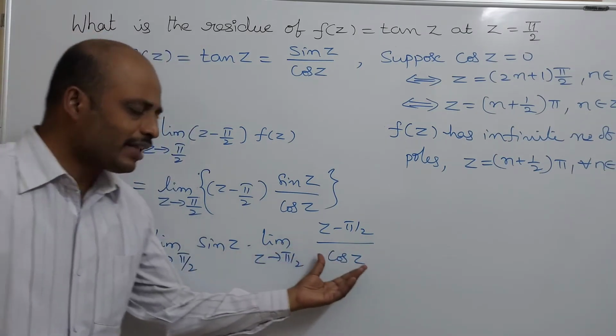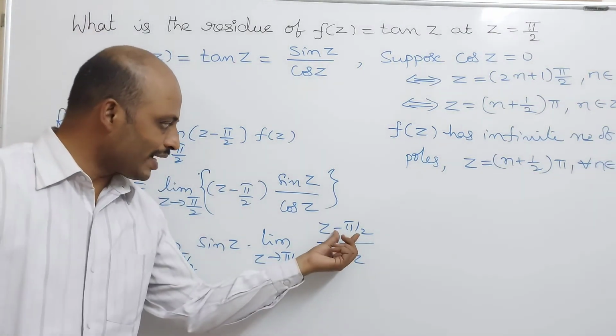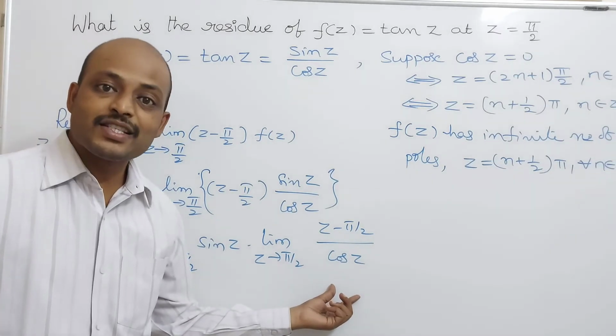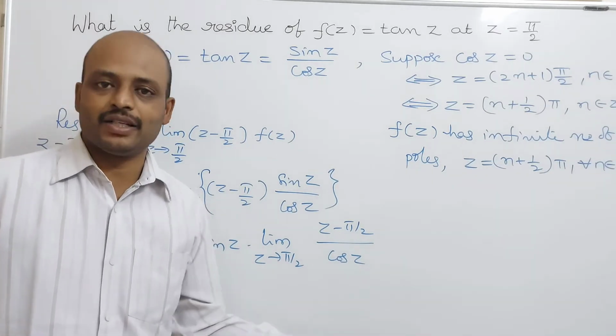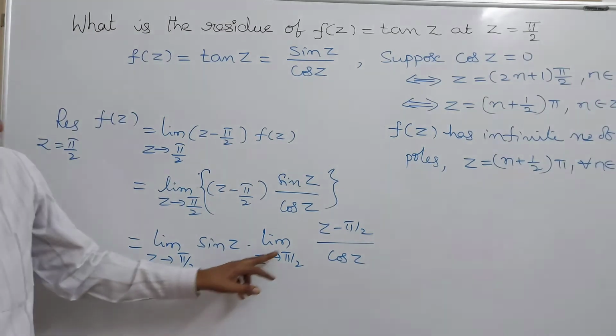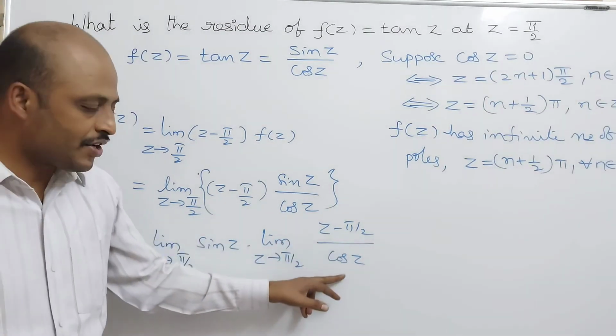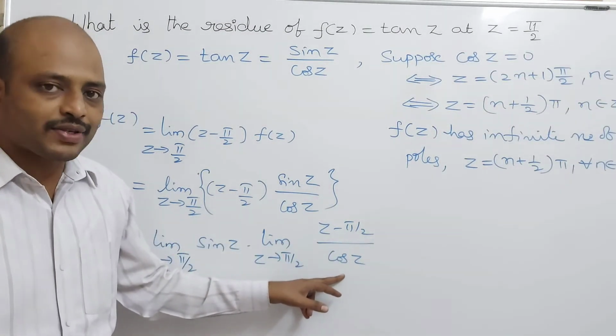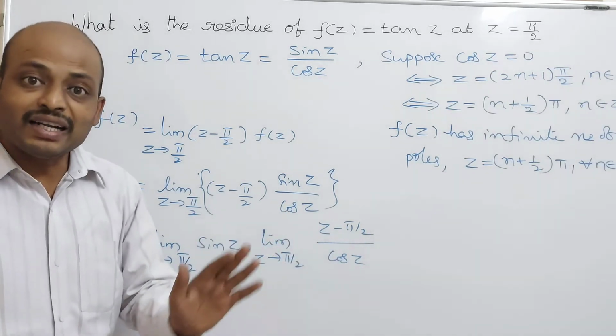Now, if you apply the limit to the second term, you get the 0/0 form, which is an undetermined form, as the numerator becomes 0 and the denominator cos(π/2) is again 0.